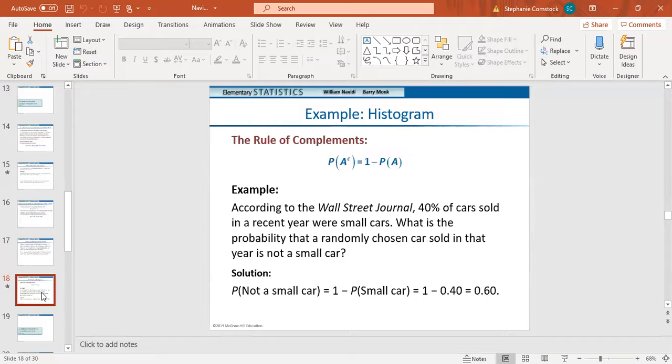You can also flip-flop this and say that the probability of an event is 1 minus its complement. Sometimes it's easier for us to take away what we don't want instead of adding up all the stuff that we do want, okay? So we're going to take a look at a couple of examples as we're processing through.